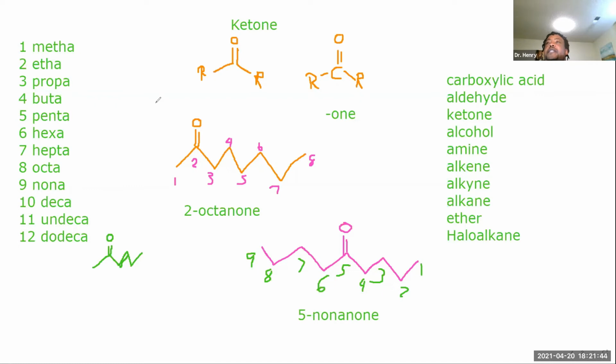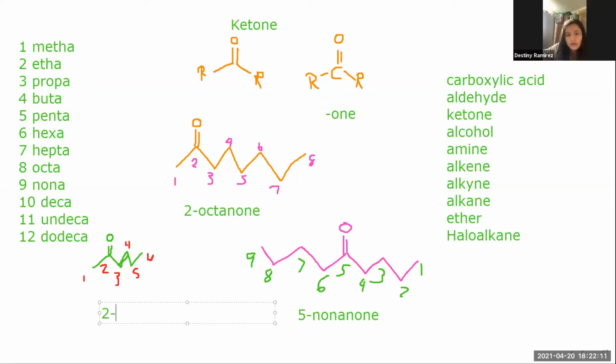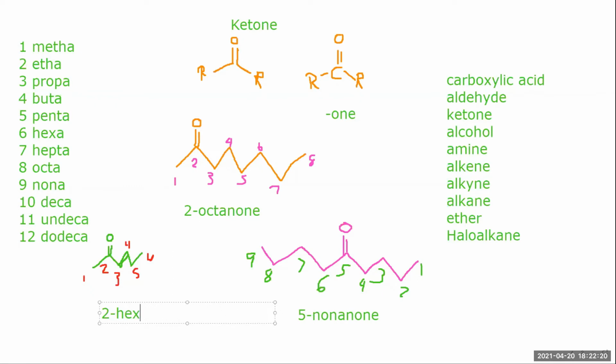If I have a double bond here, what would this be called? 2 hexone. 1, 2, 3, 4, 5, 6. So you said hex. Hexanone. Now what about that double bond? How do I handle that double bond? Is it like propane?